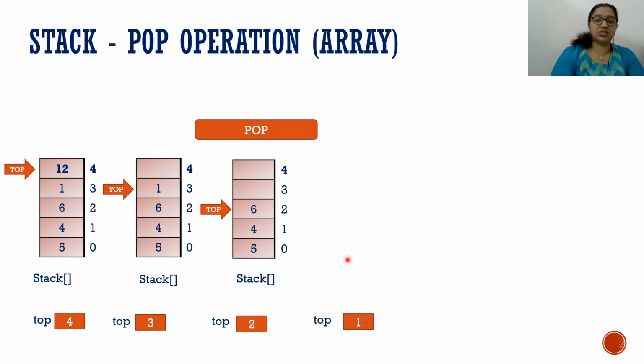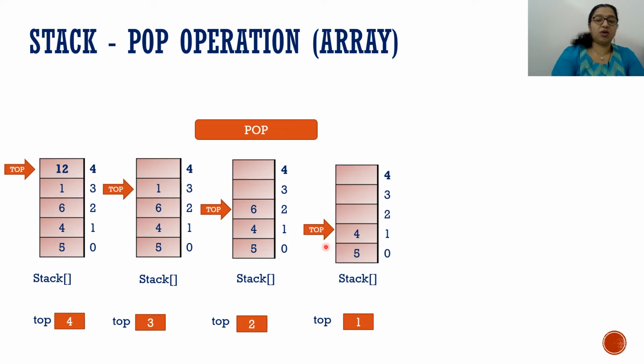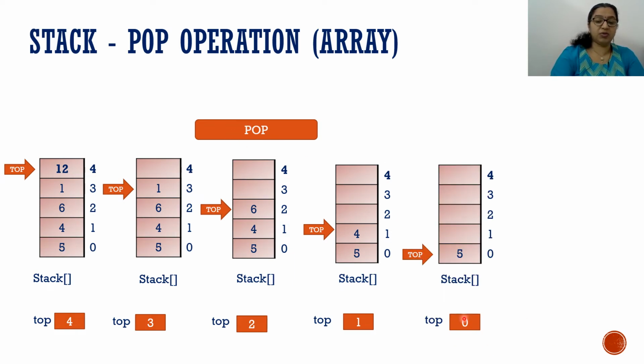Top is focusing on 1. That means the second element. Again popping. So top is 0. When top is 0, see the array, top is on the 0th position. This is the last element now. Only one element is there.